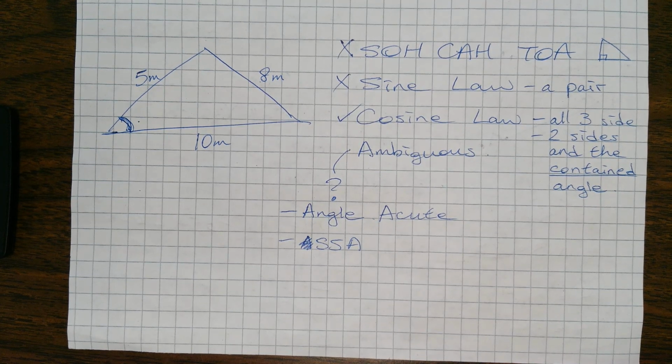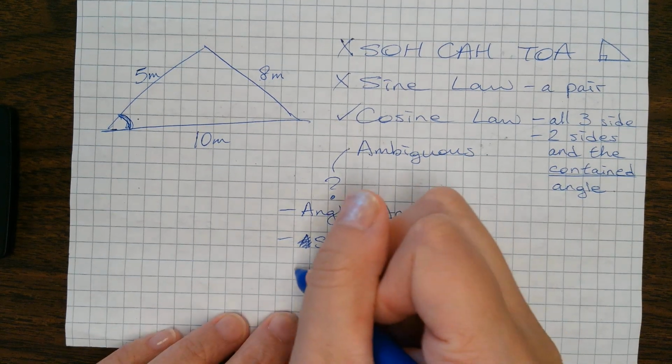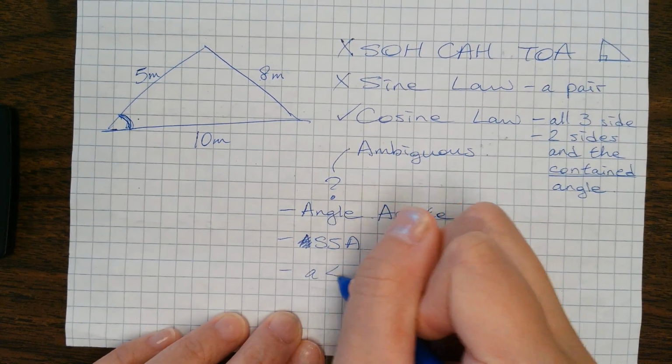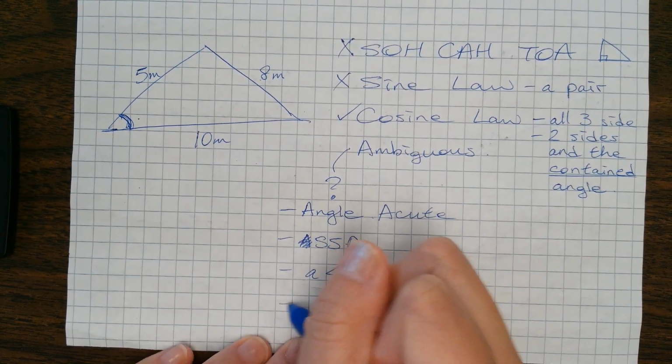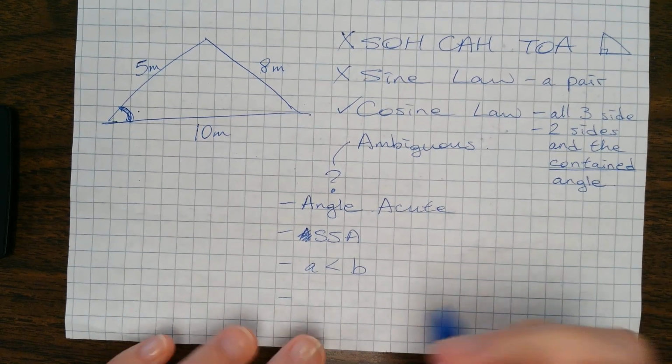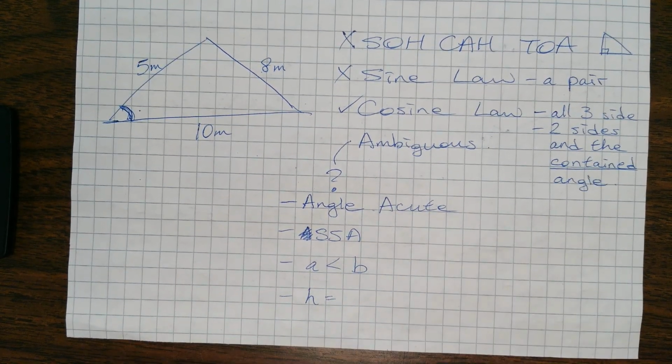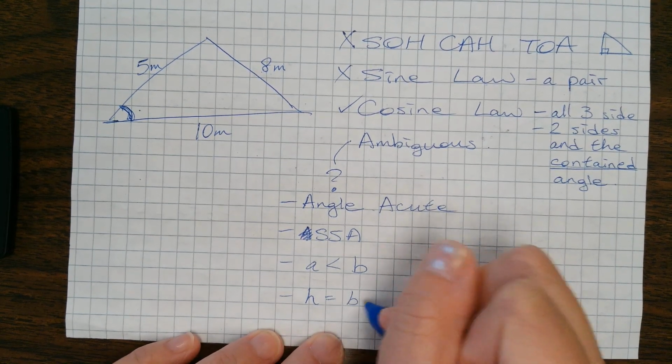Okay. What else? Yep. Yeah, A is smaller than B. And let's say it satisfied all those. How do I find the height? Yep. B sine A.